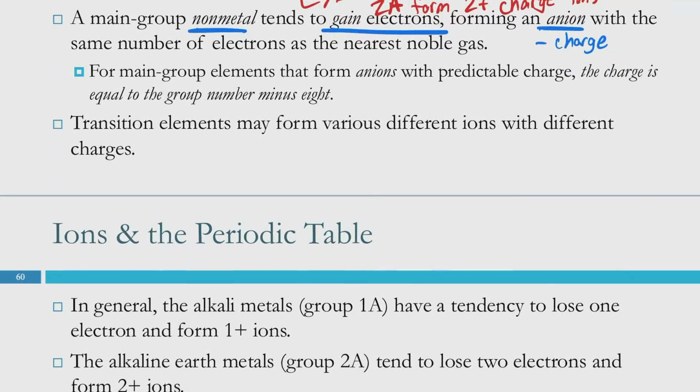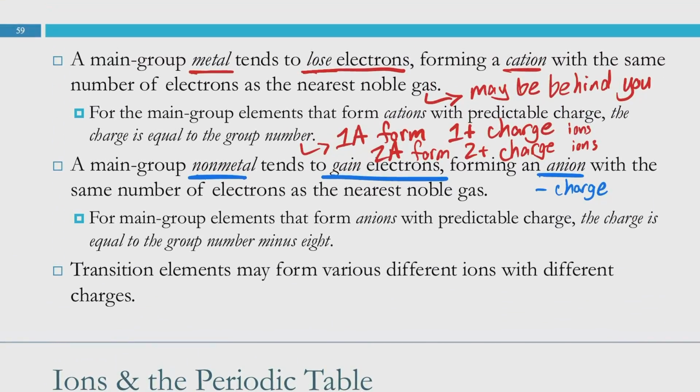And I think I'll get to show you this at some point. So the calculation that you can do for that A designation is that it's the group number minus 8. So for fluorine, fluorine is group 7A.